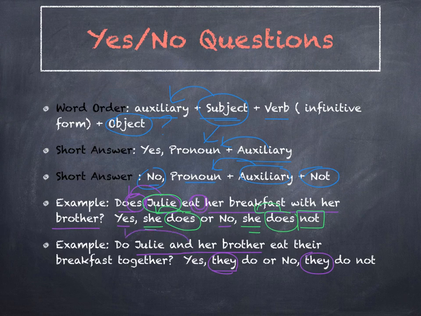So I have to choose the corresponding auxiliary, write it first, then my subject, and here is my verb in the infinitive form, and then the object. To answer, I use exactly the same pattern, yes or no, the subject, the auxiliary that agrees with my subject, and then not for the negative form.